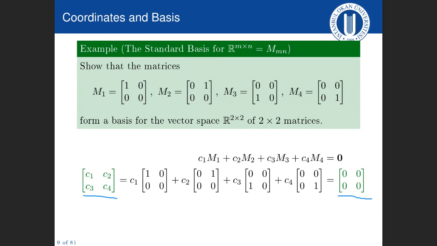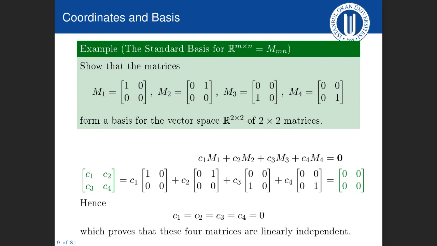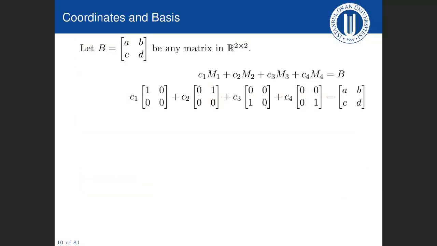How many solutions are there to C1, C2, C3, C4 equal to 0, 0, 0, 0? Only the trivial solution. That proves that these four matrices are linearly independent. We also need to show that they span R2 by 2.